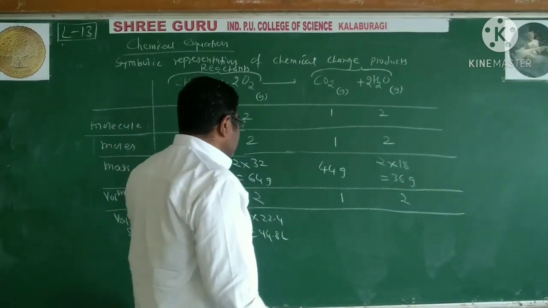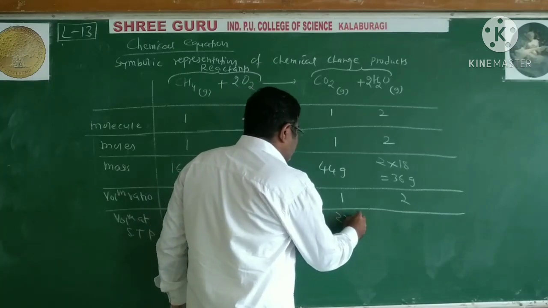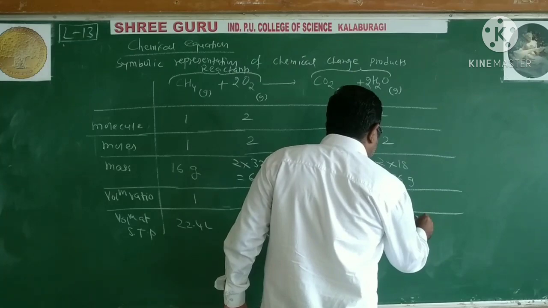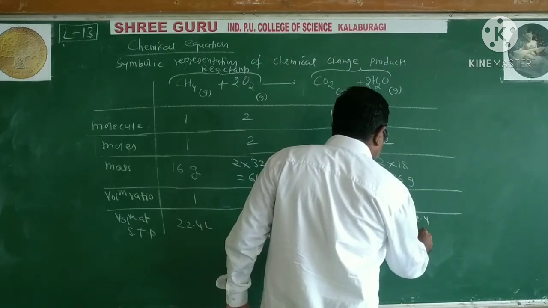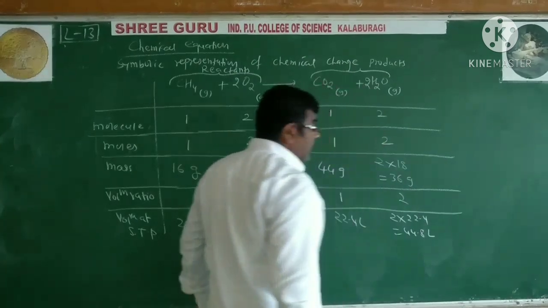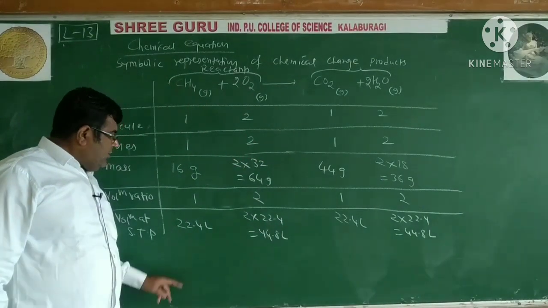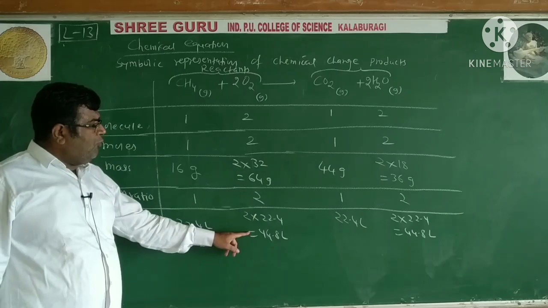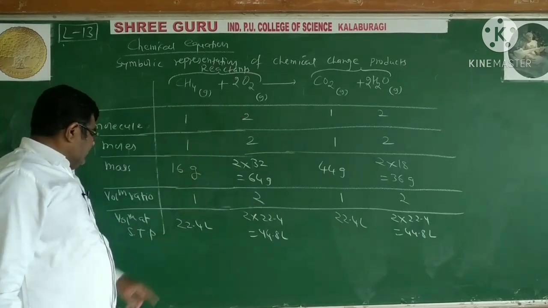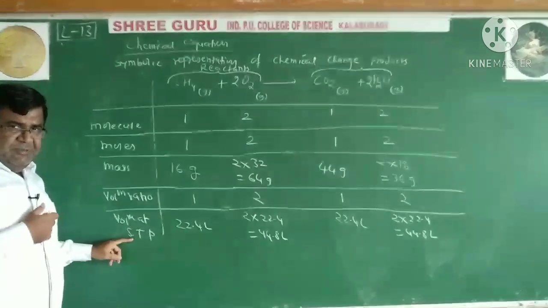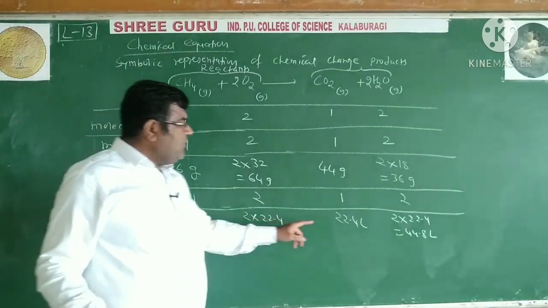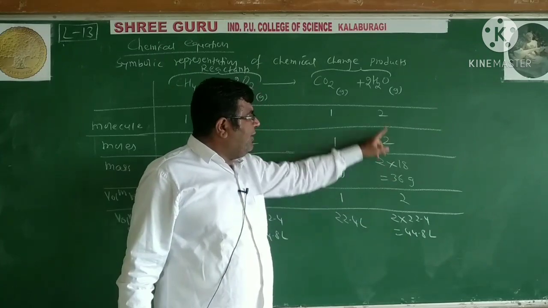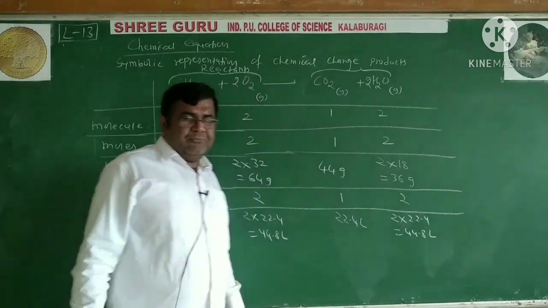This is 1 mole means 22.4 liter, and this 2 multiplied by 22.4, which is 44.8 liter. It means 22.4 liter of methane combines with 44.8 liter of oxygen. Of course, if it is at STP, it forms 22.4 liters of carbon dioxide and 44.8 liters of H2O.